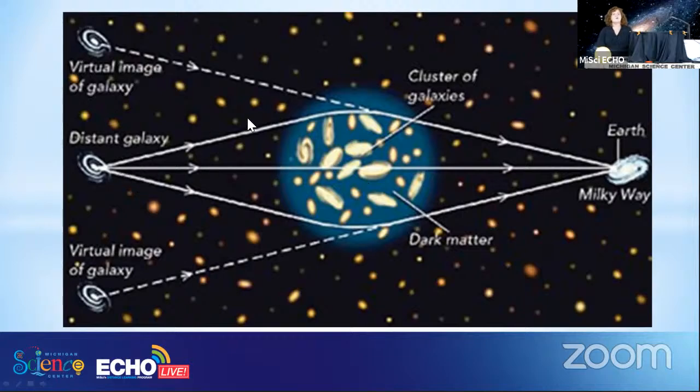So when it goes around that cluster of galaxies, we're actually able to see that galaxy not behind the cluster of galaxies because it's blocked from view, but we're able to see it off to the side. So they'll actually appear in the very edges of our images when we look at these images in space.